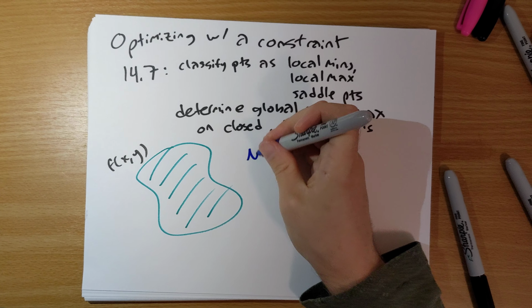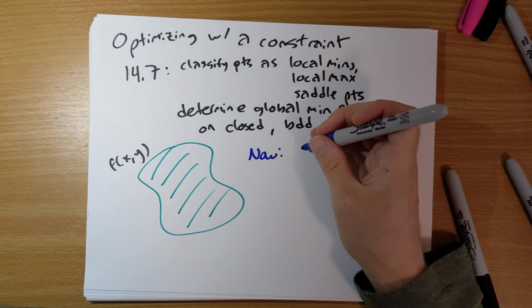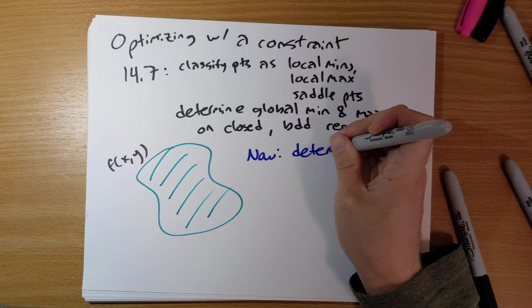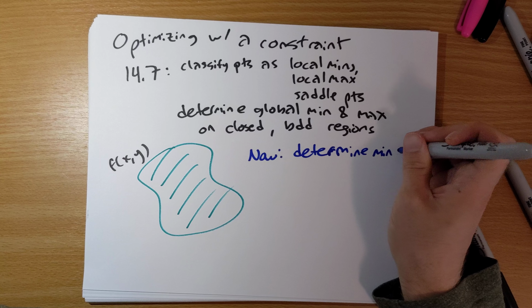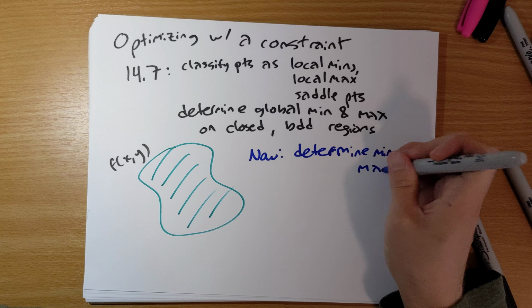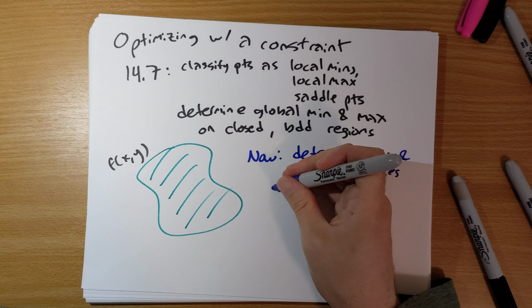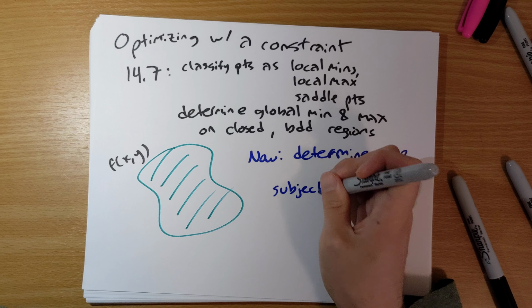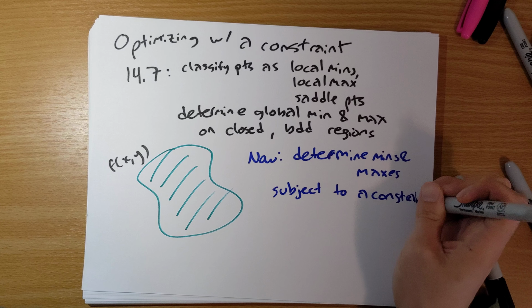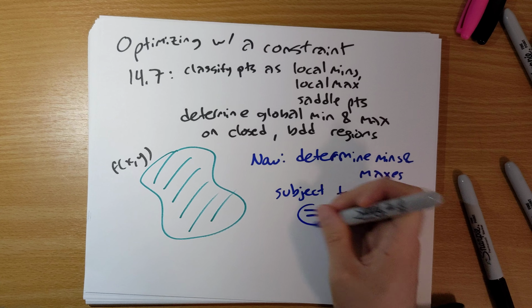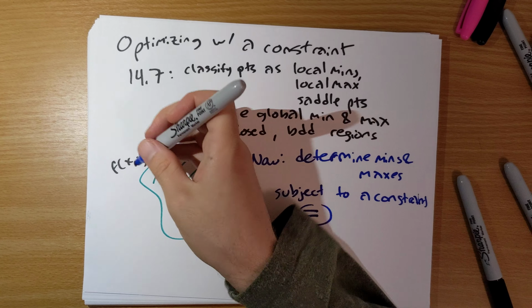Now, what we're going to do is determine mins and maxes subject to a constraint. And this constraint is going to be an equality constraint.